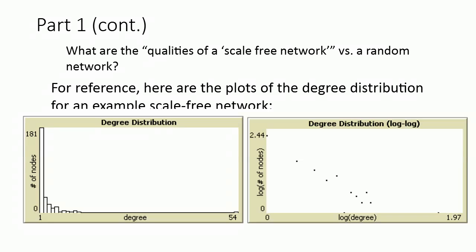And what makes it scale-free is when you plot this on a log-log scale, which is the right-hand plot, essentially the values on the previous plot become pretty much a straight line. And that's kind of the test for the degree to which the network is scale-free.